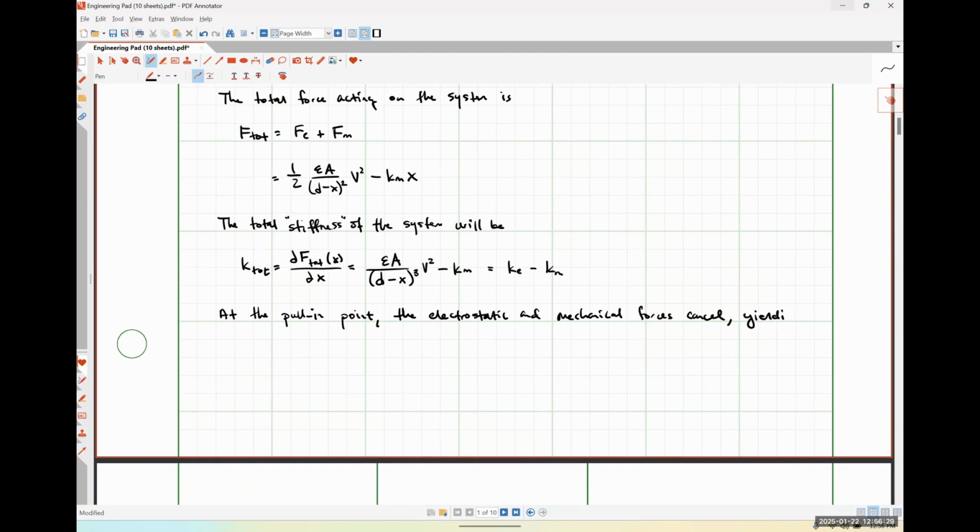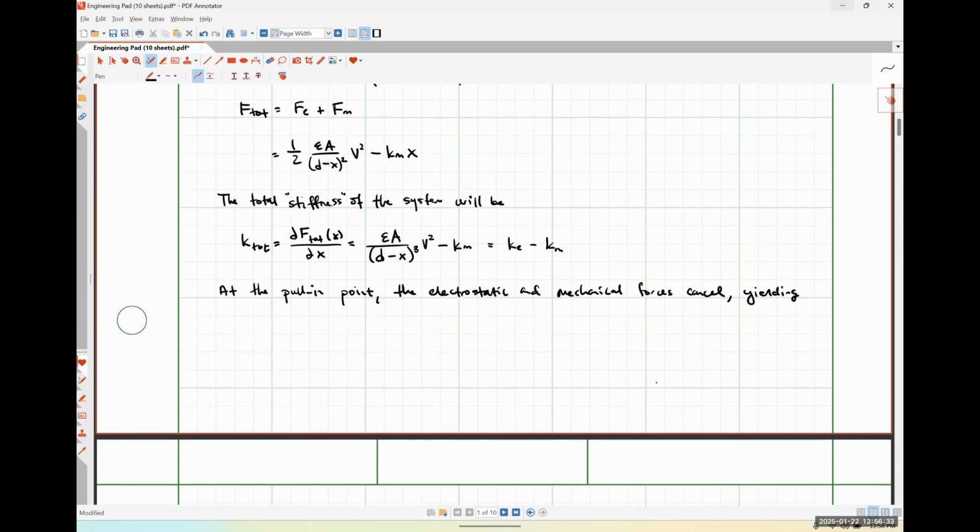And rearranging that relationship will give us the following. So if we had 1/2 epsilon A over (d minus x) squared times voltage squared minus Km times x. Sorry, no, that's right. My apologies.